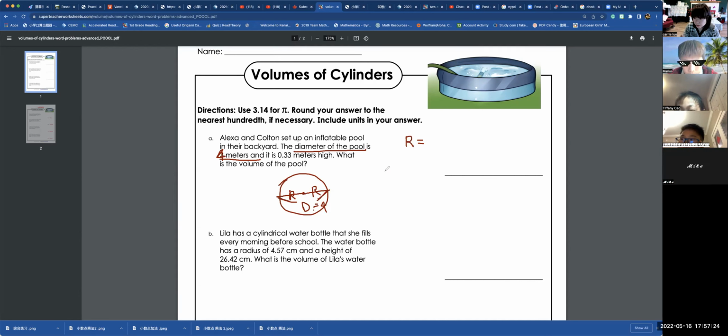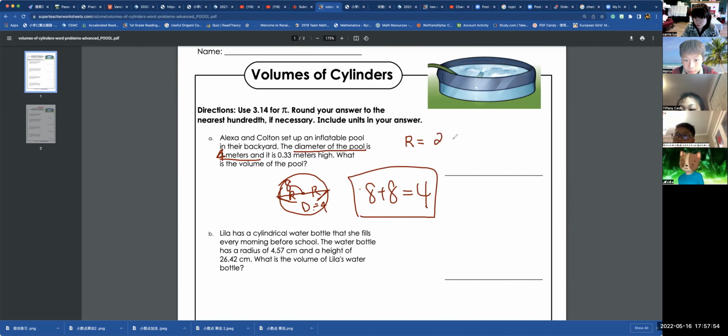What is the radius? Mike, can you tell me? The diameter is 4. The radius is 8. Is what? What are you two doing? The radius is 8? 8 plus 8 equals 4? I'm going to cry! You two! The radius is 2 meters.